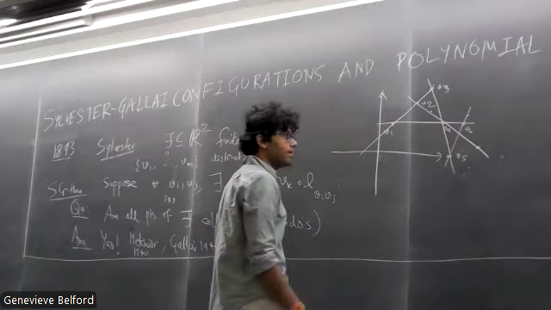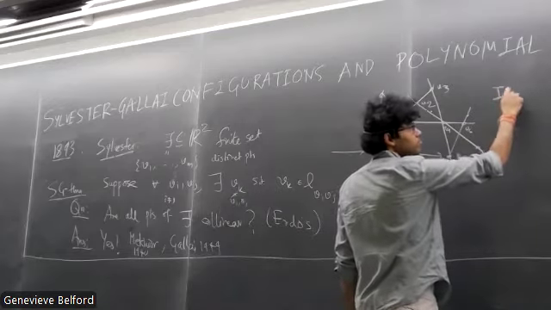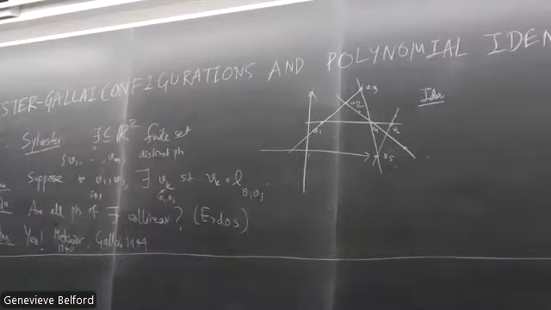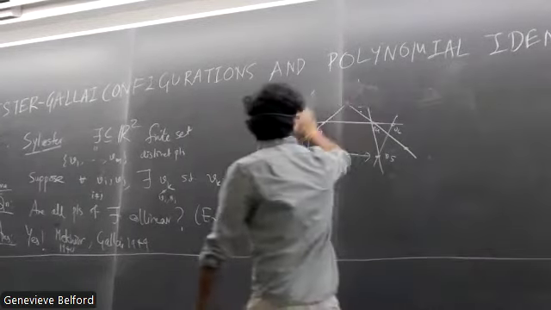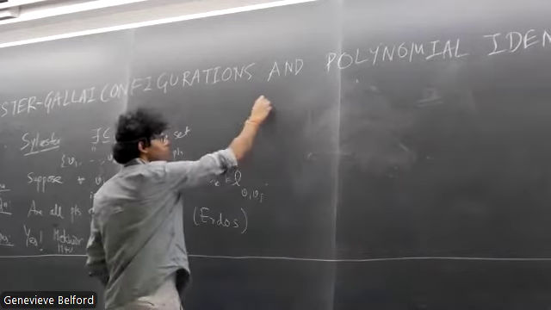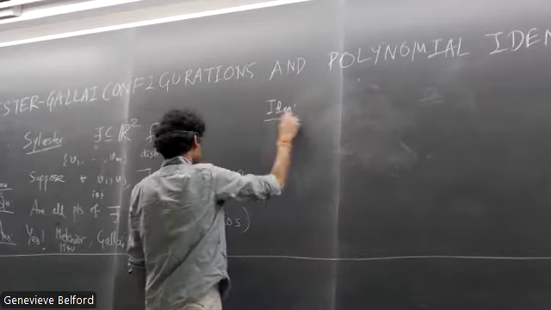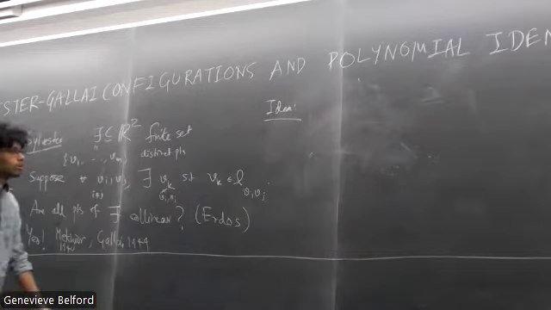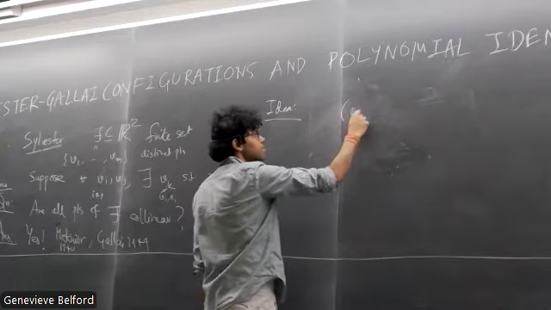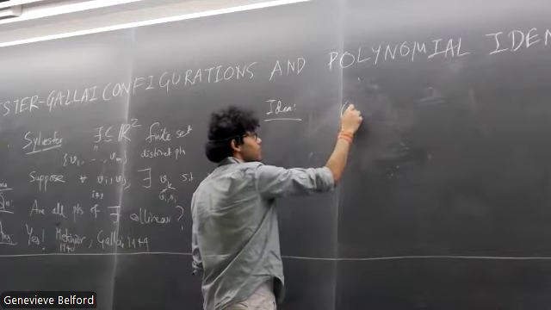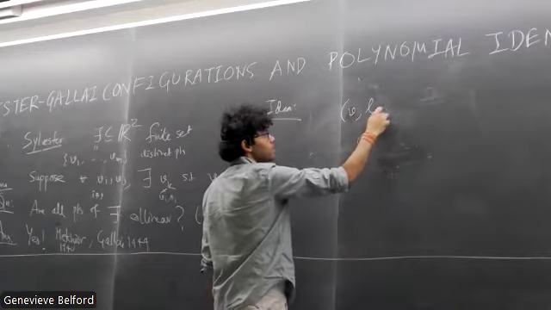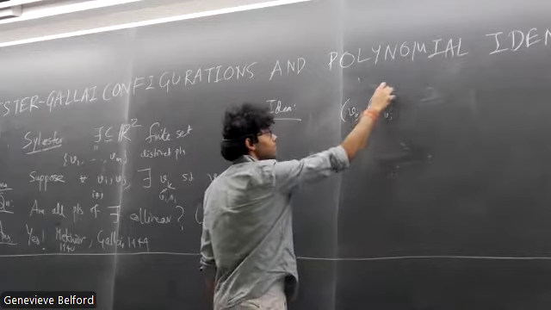So, what's the idea for the proof? Here, let me do the idea here. You can really show this using high school Euclidean geometry. You look at the pairs of points and lines, let's say V comma L, where L is determined by some Vi, Vj, and this is some Vk.